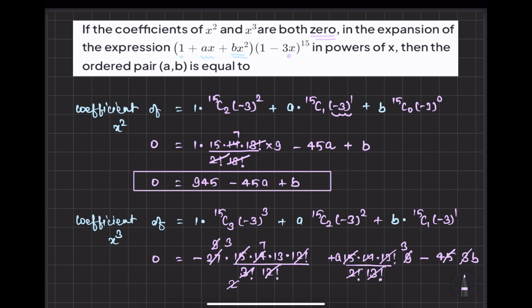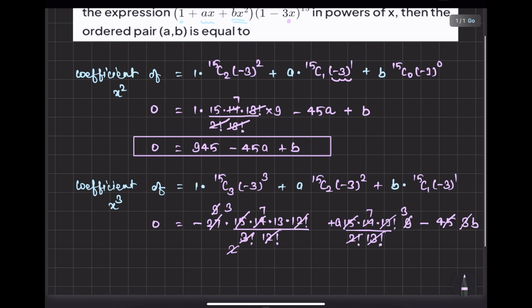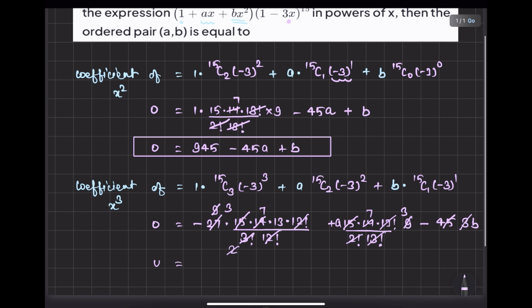Now it is 0, and minus 3 into 7 into 13 is minus 273, plus 21a, and then minus b.